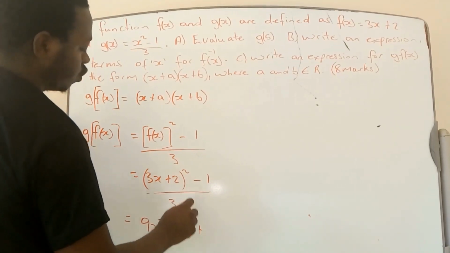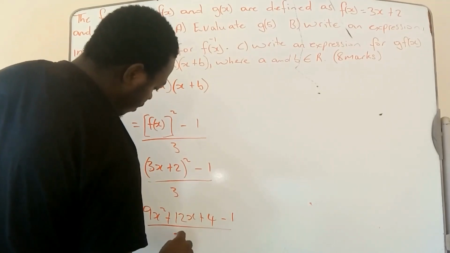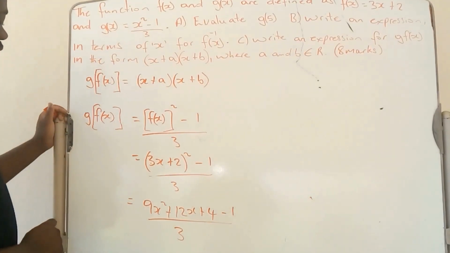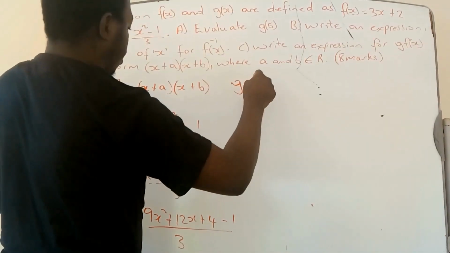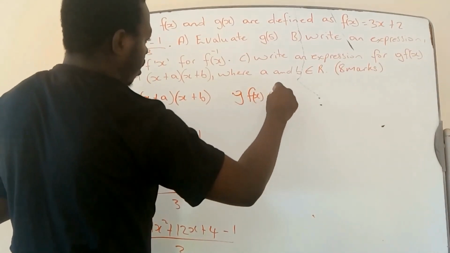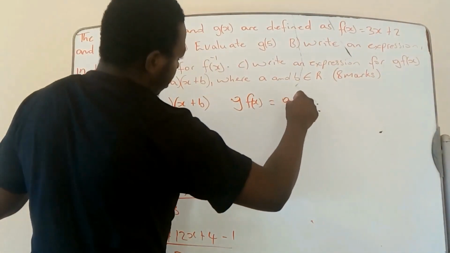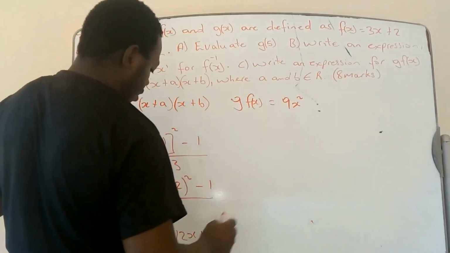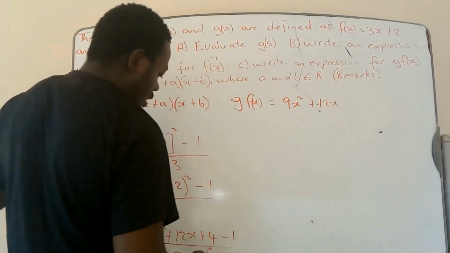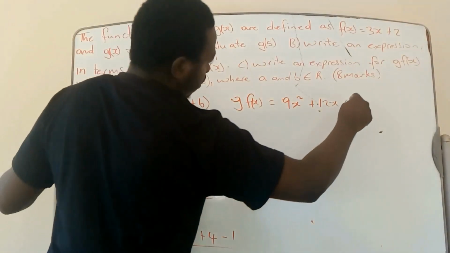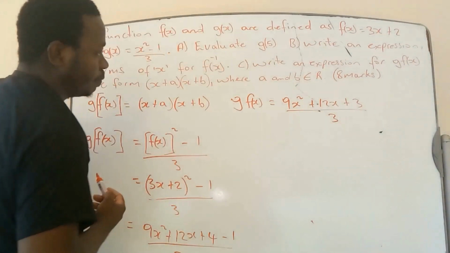Plus 2 2's, that's 4, minus 1 all over 3, right? Now, we know that g of f of x is equal to, simplify the numerator, we get 9x squared plus 12x plus 4 minus 1, that's just plus 3, all divided by 3, right?